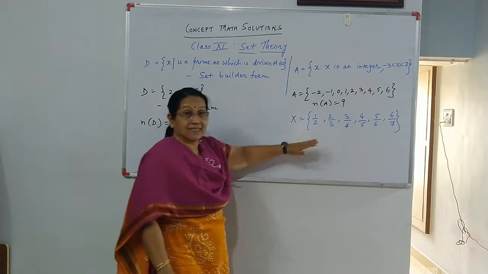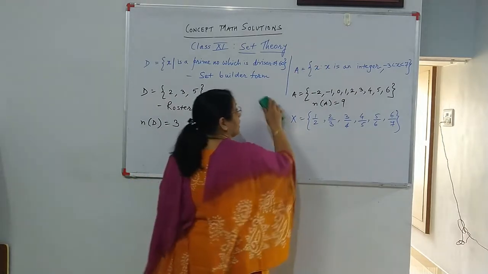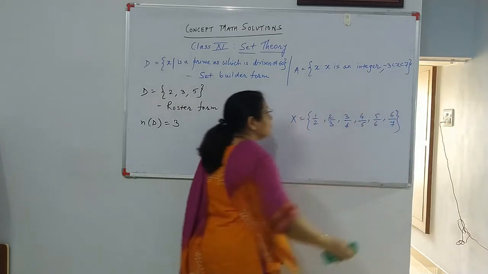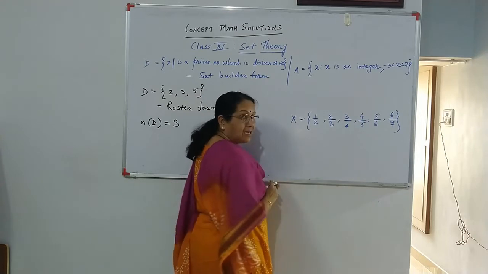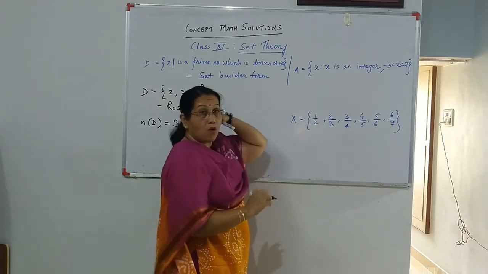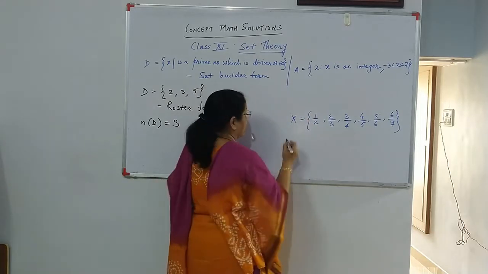Here I have taken a set which is written in roster form and I want to write it in set builder form. Now this is a set, say A: 1 by 2, 2 by 3, 3 by 4 and so on. What you must observe is that the denominator is 1 more than the numerator.